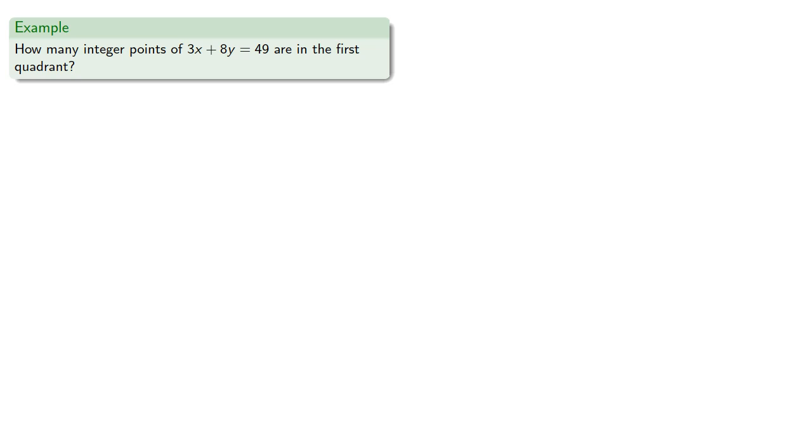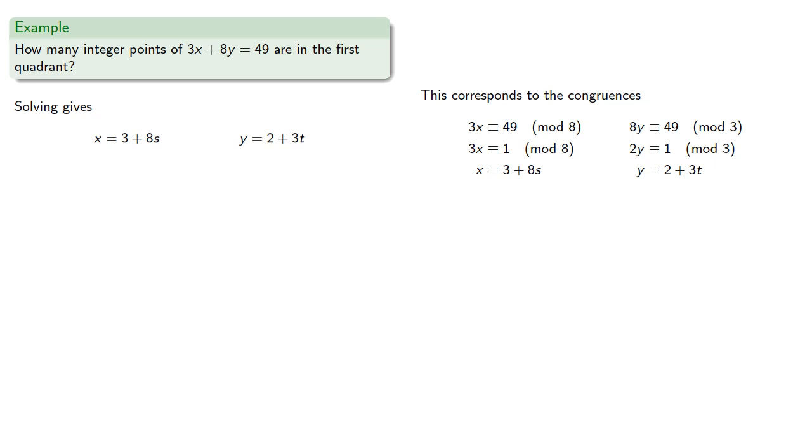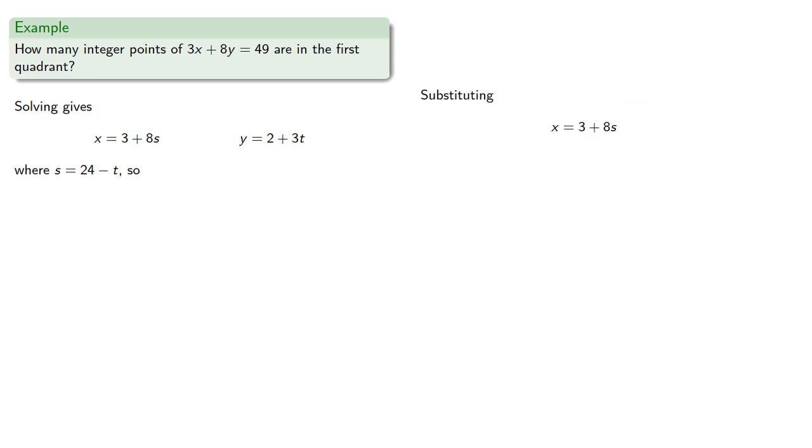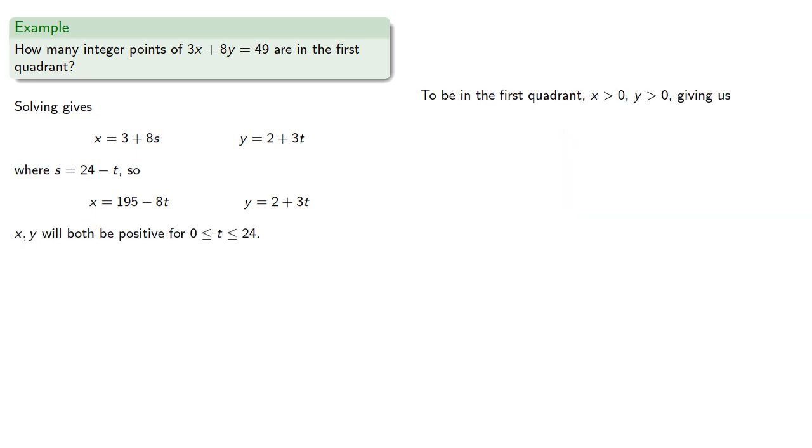Let's try to find the number of integer points on a line in the first quadrant. Again, this corresponds to the congruences, which we can solve. To satisfy our equation, we need the relationship between s and t, and so now to be in the first quadrant, we need both x and y to be positive, so setting x and y greater than 0 gives us an inequality.